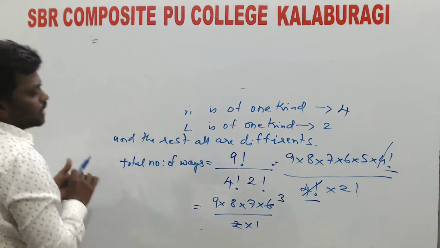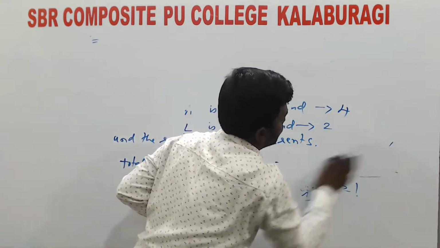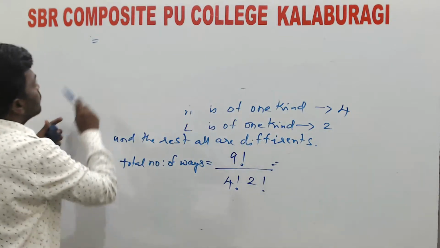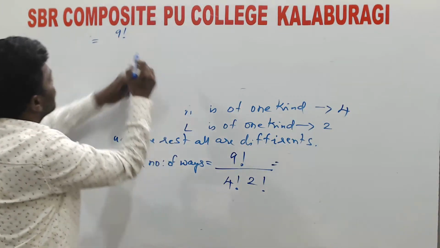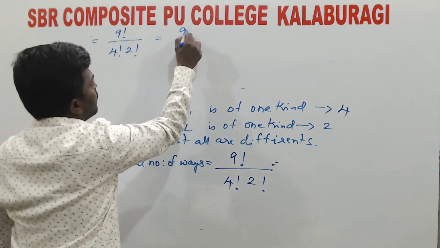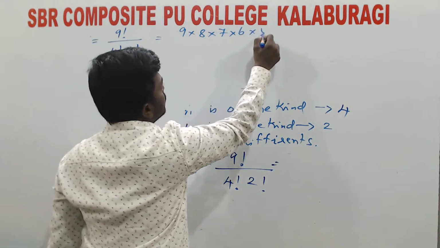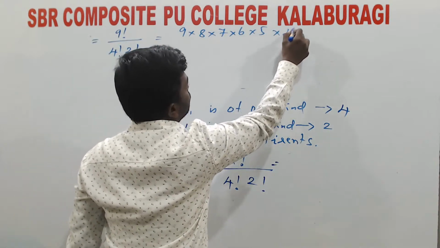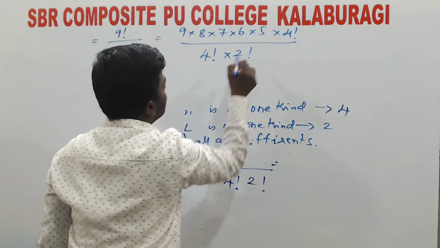So it was 9 factorial divided by 4 factorial into 2 factorial. 9 into 8 into 7 into 6 into 5 into 4 factorial divided by 4 factorial into 2 factorial.